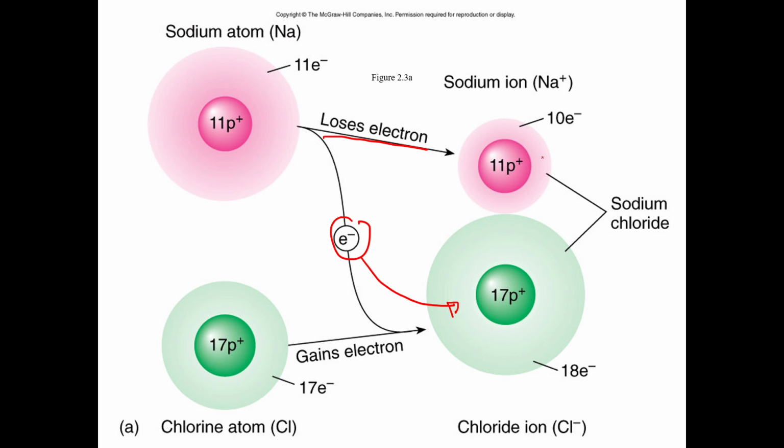Chloride needs one electron to become stable, and the movement of electron from sodium to chloride forms sodium chloride or your table salt. Okay, so sodium lost one electron and it is received by your chlorine or chloride to form sodium chloride.